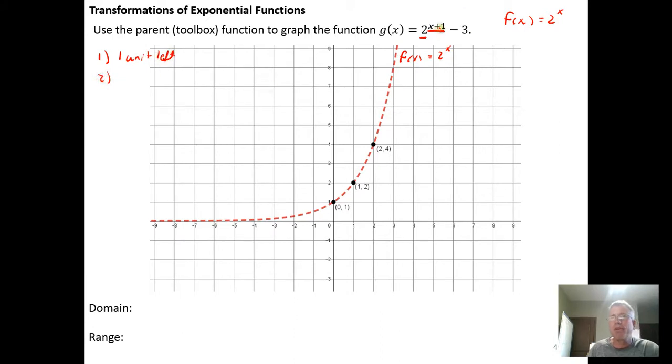2, do we have any reflections? In other words, is there a negation on the input variable? No, there isn't. Or is there a negation on the outside of the toolbox function? Is there a negative sign being attached in front of the 2? And in this case, no. So there's no reflections.